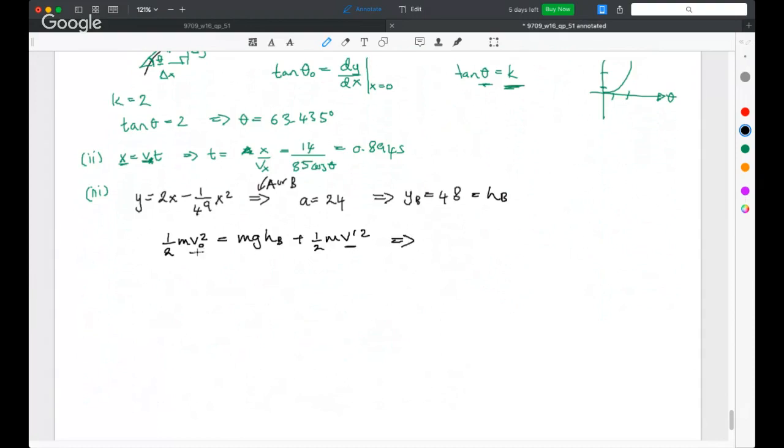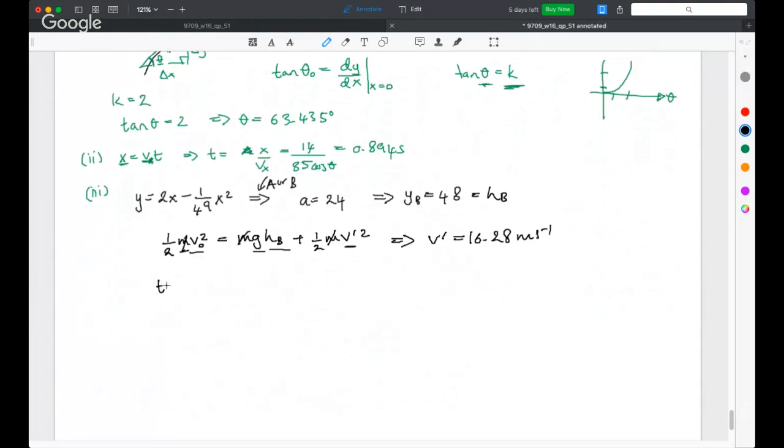We know v naught, we know the mass. In fact, the mass all cancels, never mind that. We know v naught, we know g, we know hb, we can get v prime. No problem.